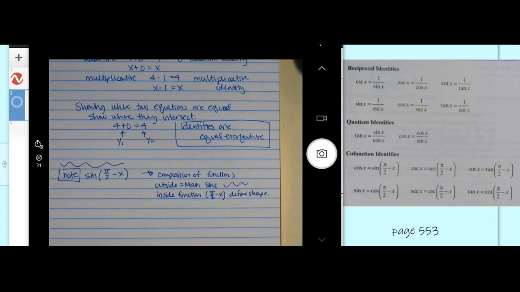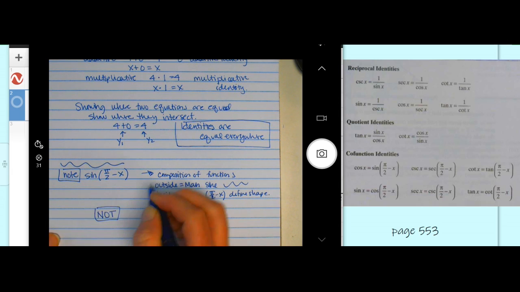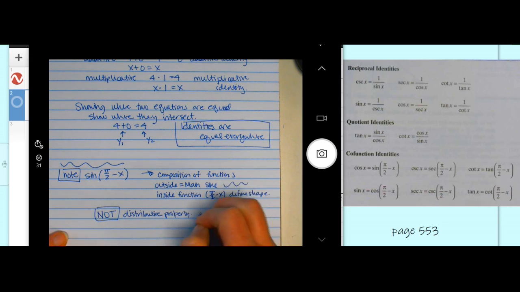But the point of me making this note is that this is not the distributive property. It is not equal to sine of pi over 2 minus sine of x.